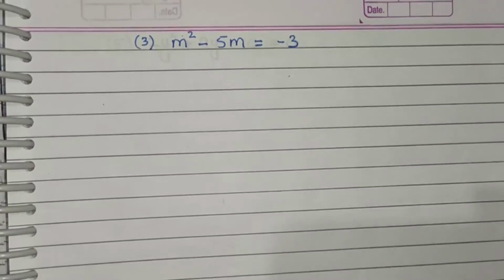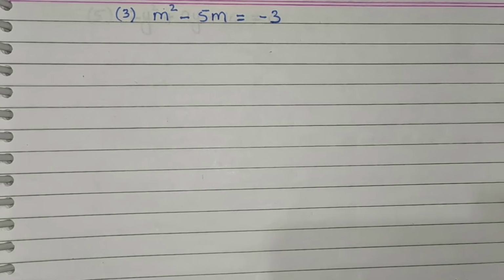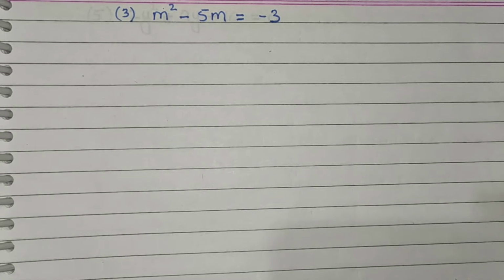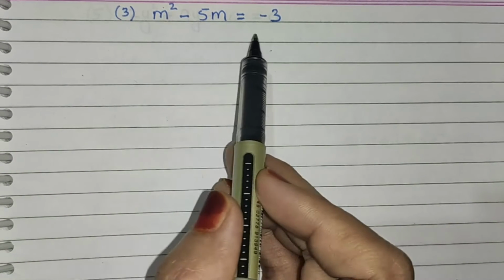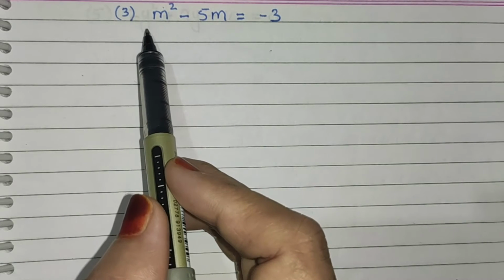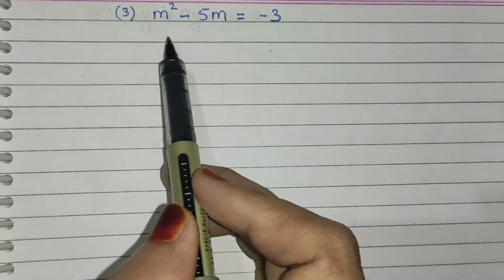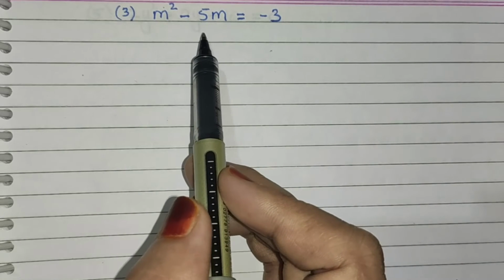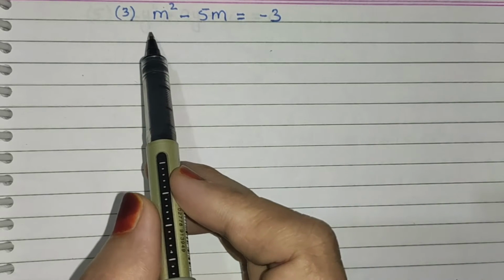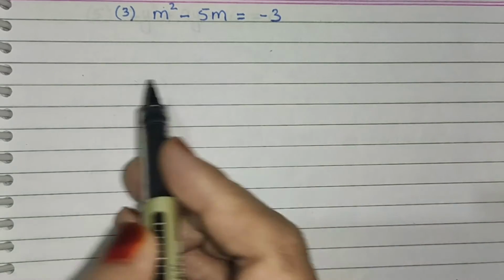Now, next question is third. m square minus 5m is equal to -3. Now, in this question, the coefficient of m square is 1 and the terms of the variables are on the left hand side and the constant number at the right hand side.